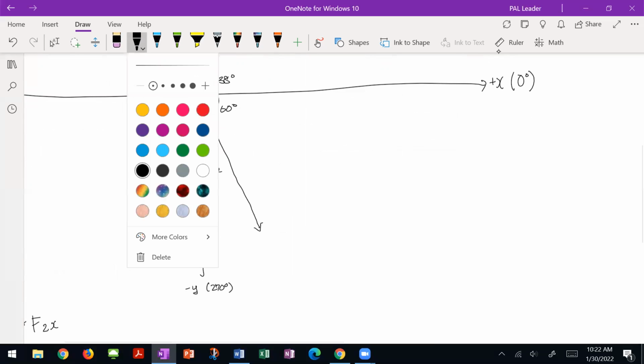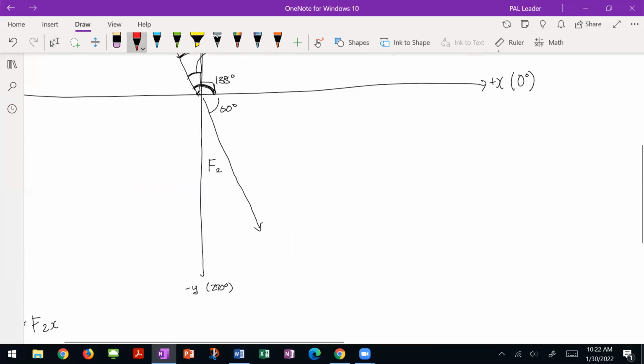F2x, this diagonal F2 has an x and y component. It has its x component going like this, and then its y going like this. That's not a very good triangle, but whatever. F2x, right? So we have our angle, we know our hypotenuse. We want to find this.